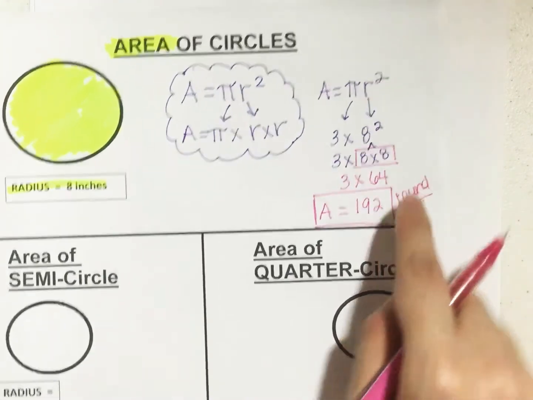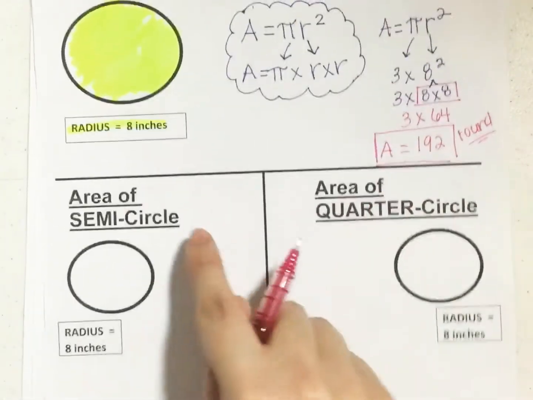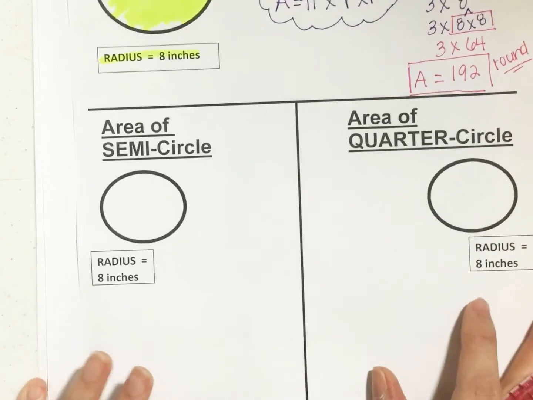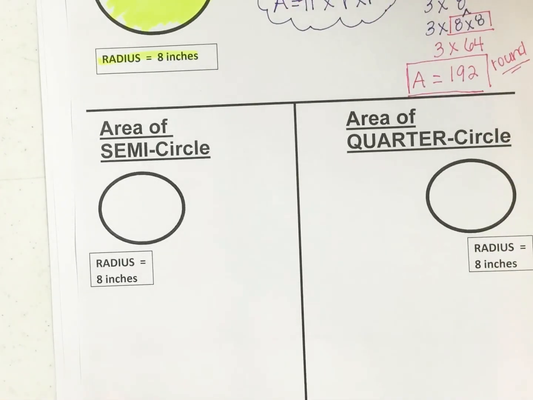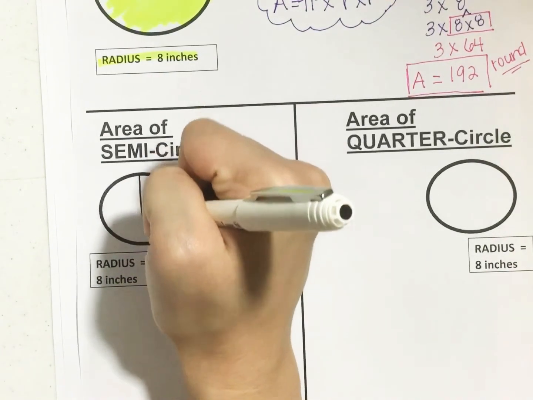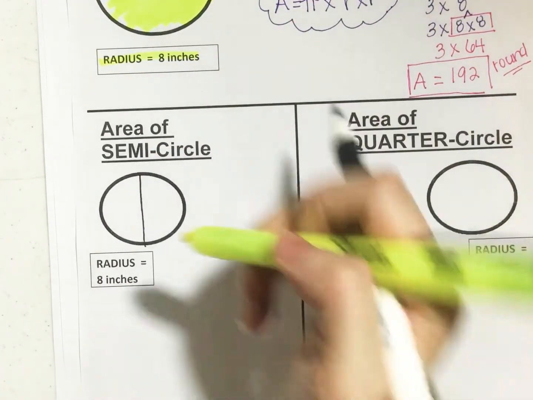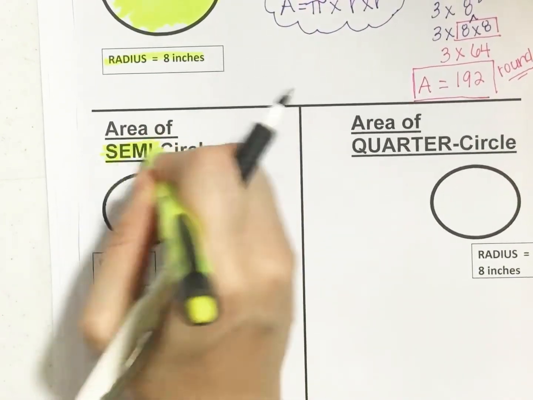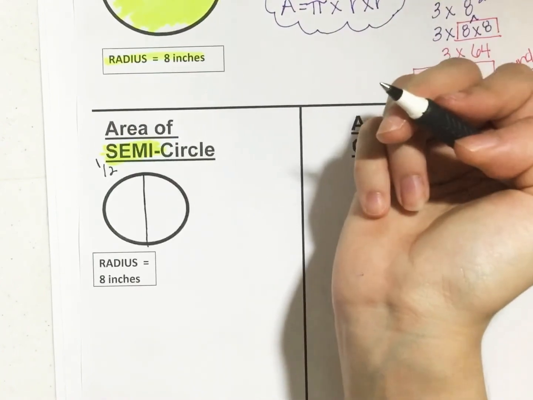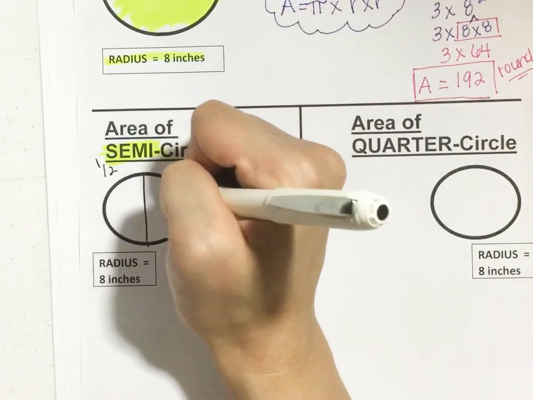Now, I'm going to use the same example, but for a semicircle. Remember that semi means half. And what does half tell you to do in math?